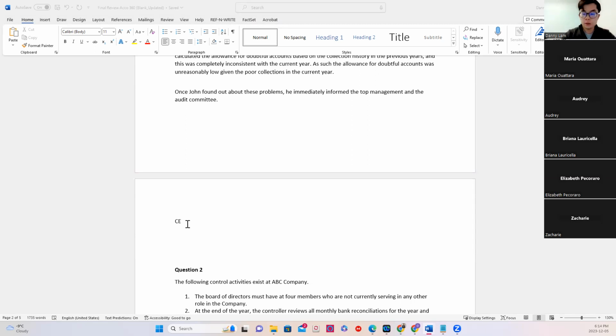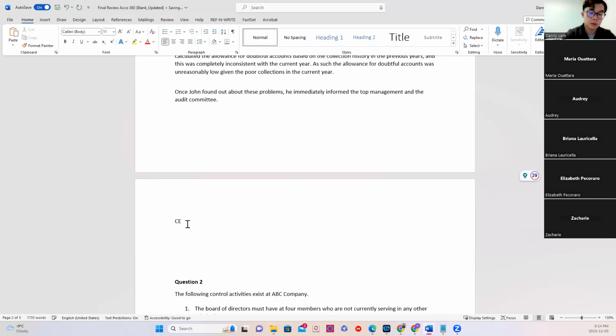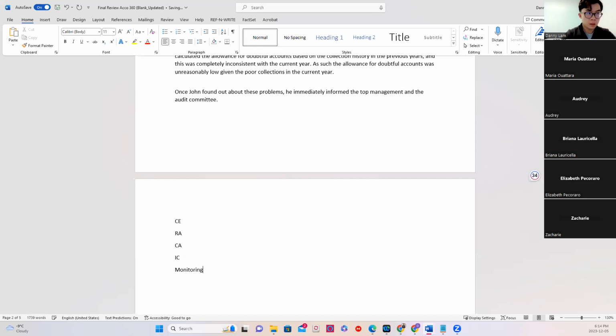What's the second one? Risk assessment. What's the third one? Control activities. Fourth one, information and communication, and last one is monitoring. Okay. You may want to write that on the side of your exam, or for each component, you have a color for it. So now let's put all this in, let's say blue.